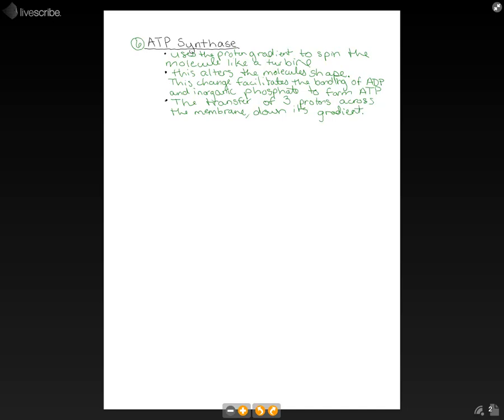And that transfer is going to be across or down its gradient now. So we're releasing that potential energy to help us bond.